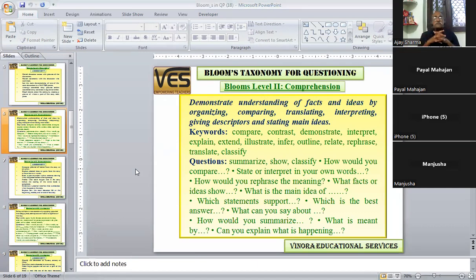These type of questions are on the basis of these keywords. What is the main idea, which statement supports, which means 1 sentence to 3 sentences. What is meant by osmosis?